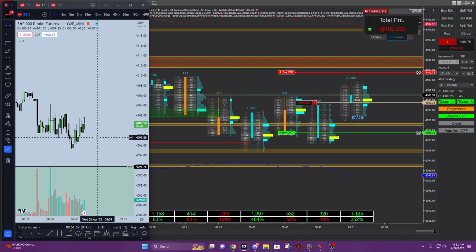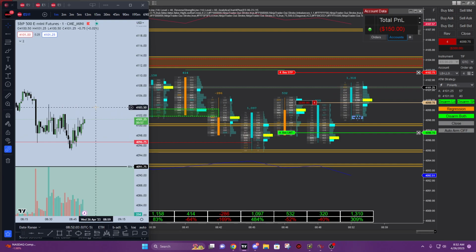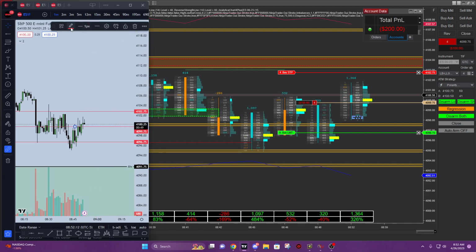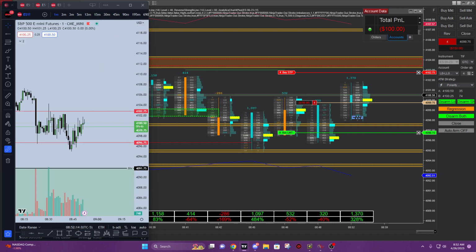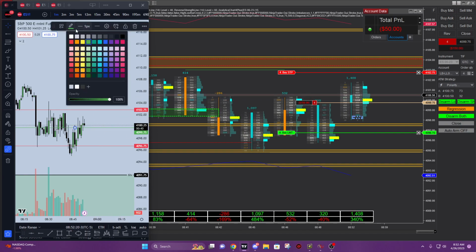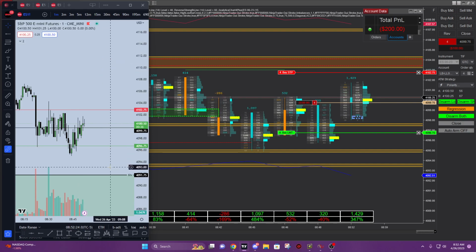So right here is our take profit, and right here is our stop loss, and right here is our entry. So just so you can kind of see it on the chart.